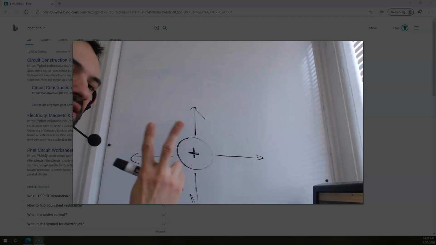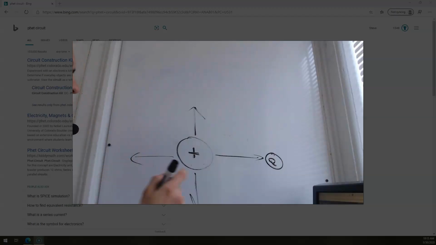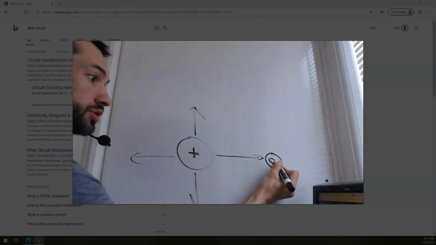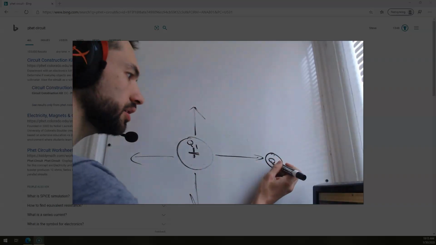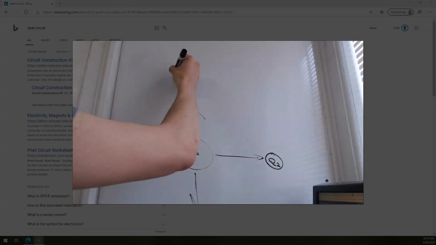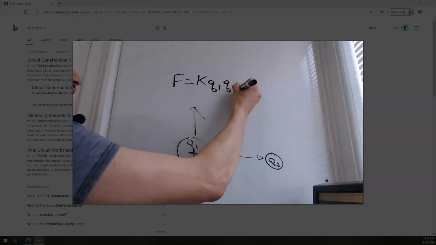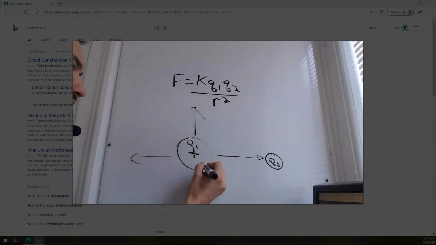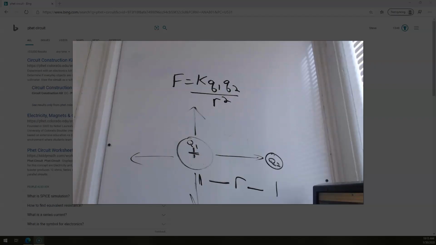And I know that if I had a second particle, let's call this second particle Q2, and we'll call this one Q1, the force between these two particles would be K Q1 Q2 over R squared, where R is simply the distance between the centers of the particles. So I have these two positively charged particles, and the force between them is K Q1 Q2 over R squared.